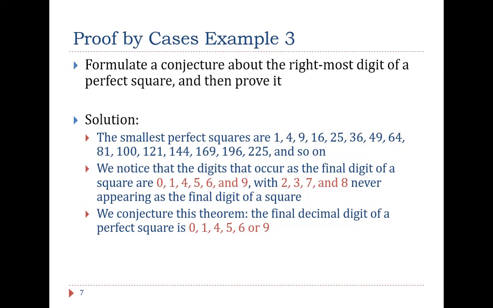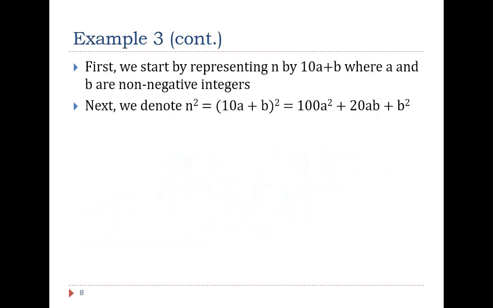No matter what b is, n squared in this case would be equal to 100a squared, plus 20ab, and this number has 10 in it, so it cannot influence the final digit, plus b squared. So what gives you the rightmost digit in n squared is b squared itself, because the first term is divisible by 10 and the second term is divisible by 10.